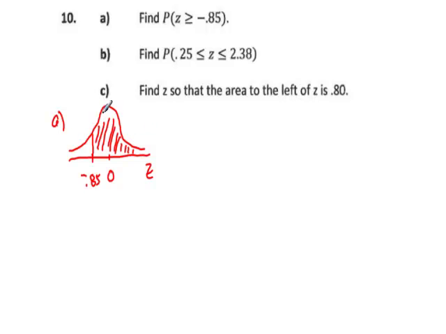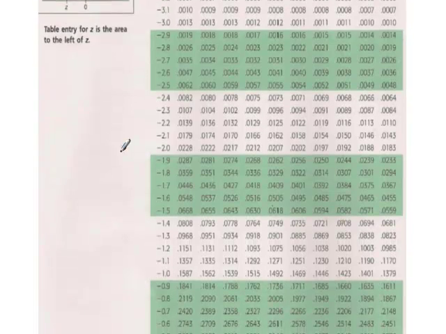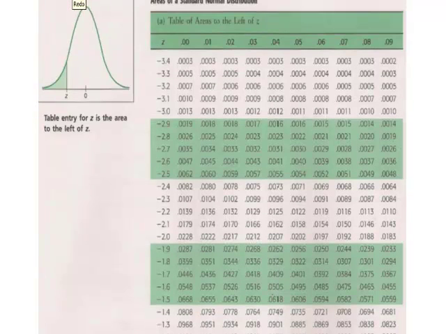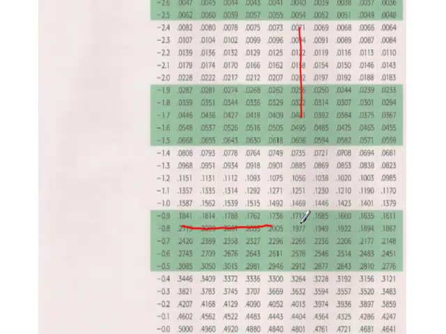So we go to our table, we look up negative 0.85, and we go down to negative 0.8, and then we have to go across the top to the 0.85 column, which is over here, and the number we come up with is a probability of 0.1977.